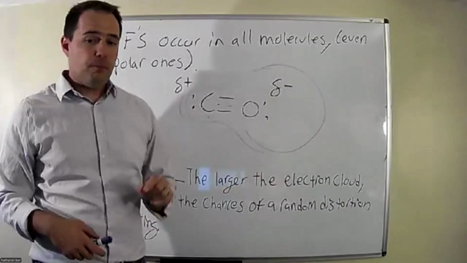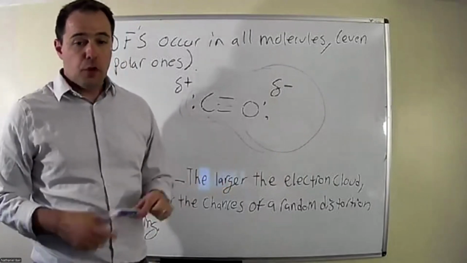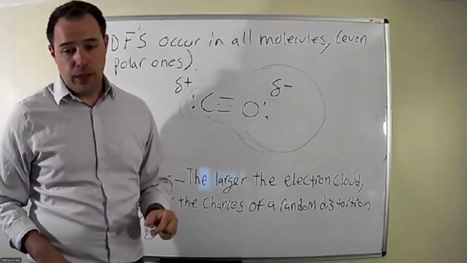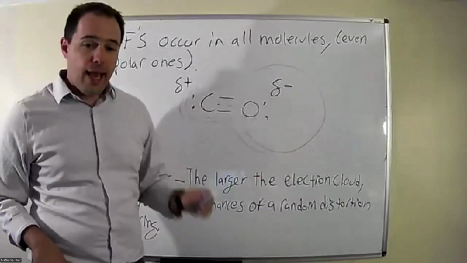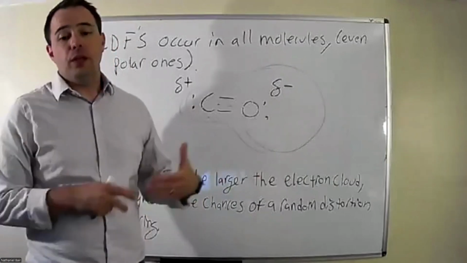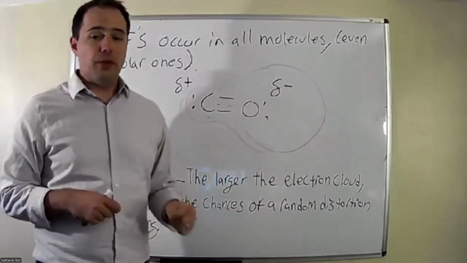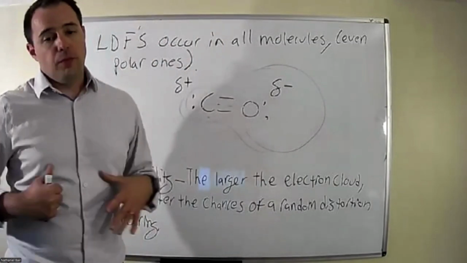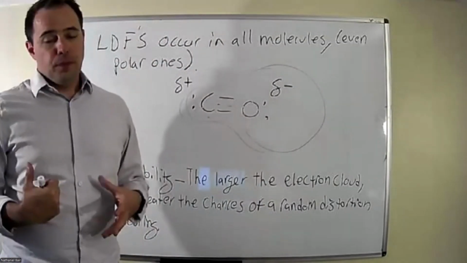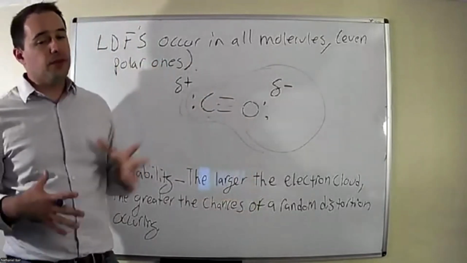Now, carbon monoxide is polar. So the strongest intermolecular force available to it is dipole-dipole. But it can and does have a little bit of London dispersion force happening as well. Now, this generally does not matter unless you have a ridiculously large molecule. The bigger the molecule, the more the LDF is going to take over.